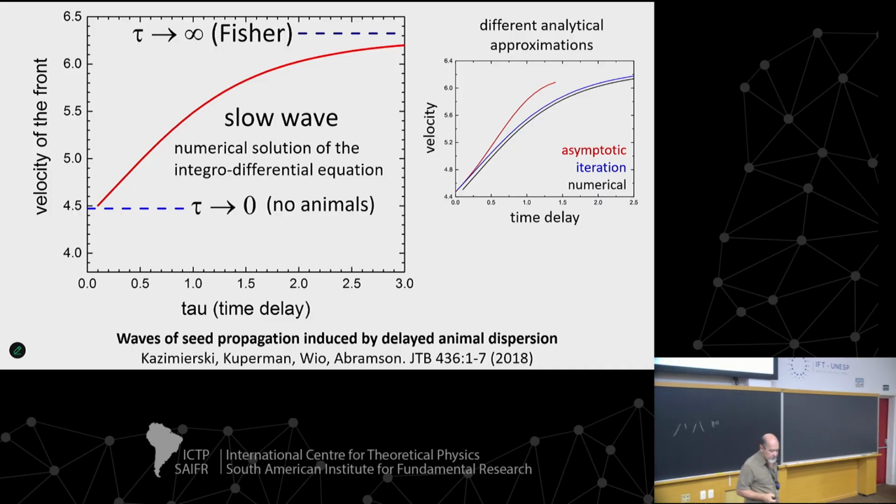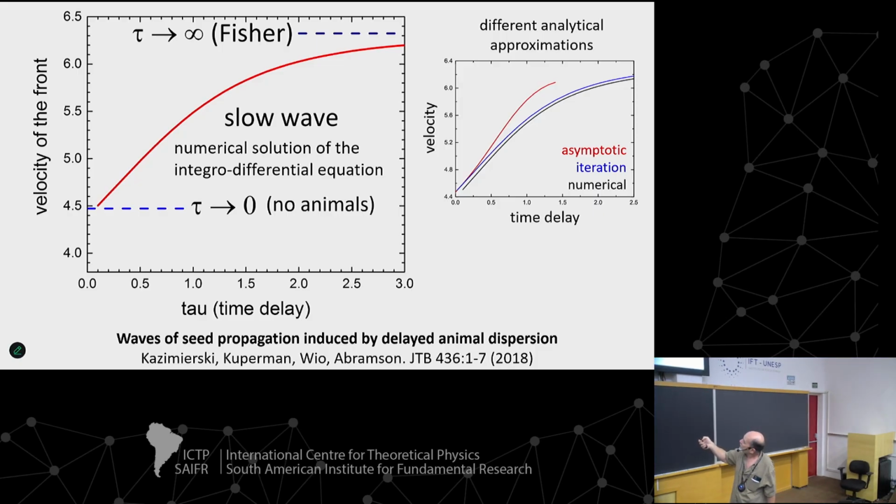And you can also see the two asymptotic values here. When tau goes to infinity, which gives you Fisher's equation, you can perform the calculation exactly, and it will give you this value of the velocity, and these are the slower waves.